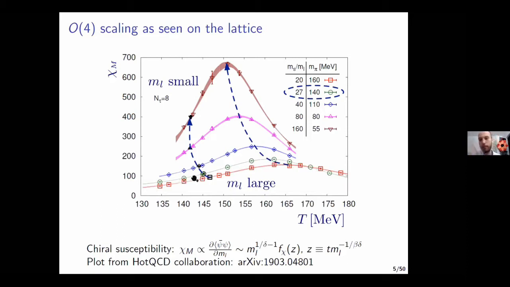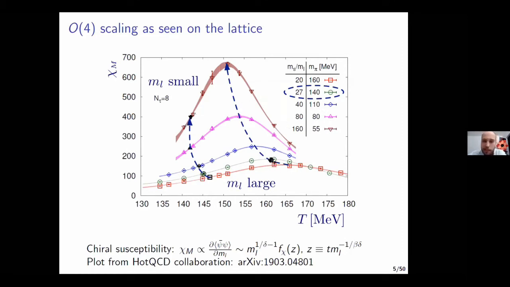Then you can ask, what if the chiral symmetry was actually realized in the real world? What would the susceptibility plotted as a function of temperature look like? They drive the pion mass down until it's almost 0, down to 55.